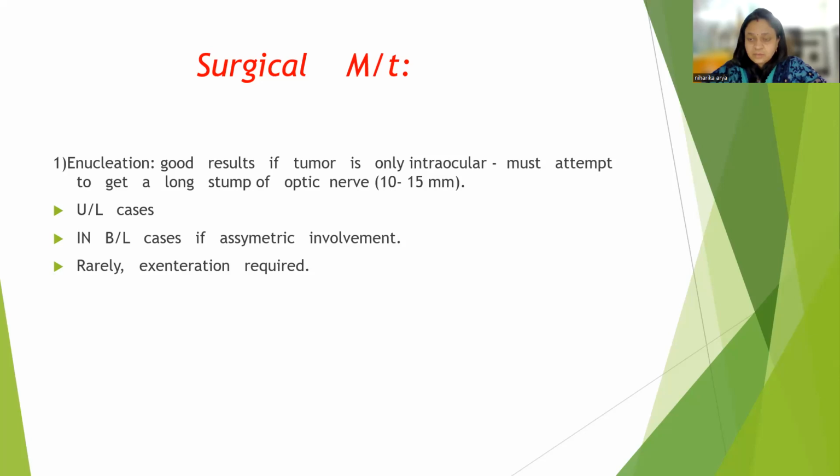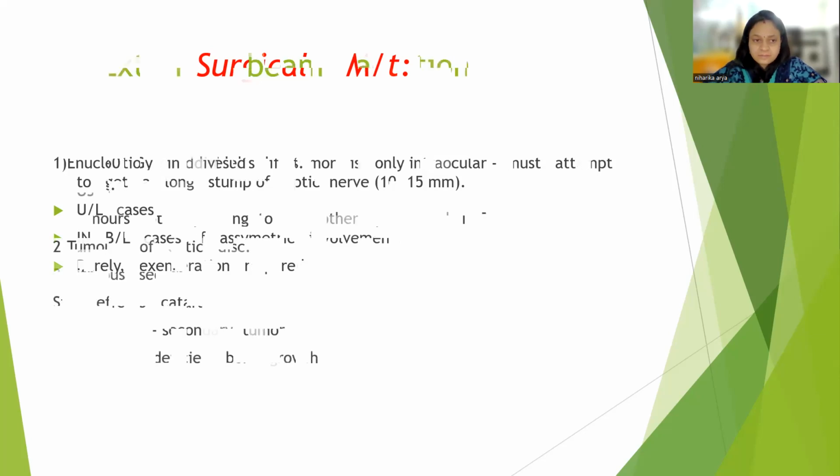Or in the case of unilateral retinoblastoma. If it involves both eyes, then according to the asymmetric involvement, we have to see which eye has more involvement, and that eye has to be removed. Rarely, exenteration is required.